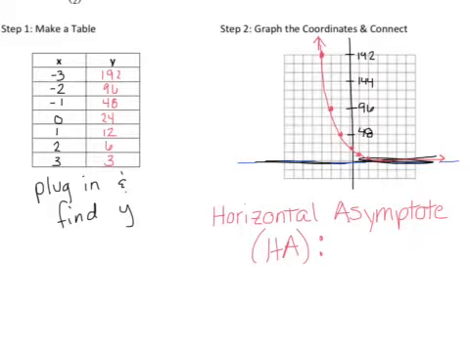Y equals 0, right? Because there is where y equals 0. So y equals 0. So whatever that number is that it never totally gets to, that is the horizontal asymptote. Any questions? Okay. Homework.